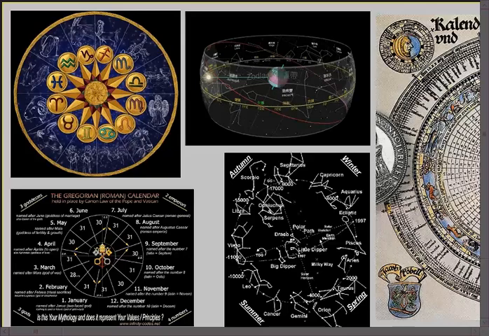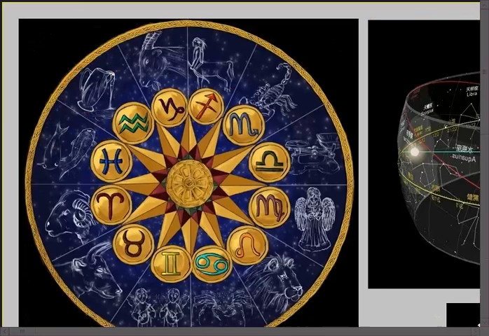And so you can see clearly there in the corner is the 12 signs of the zodiac, which is the basis for all calendrical systems. The 12 months are derived from the 12 signs of the zodiac, even though I know they're not lined up.